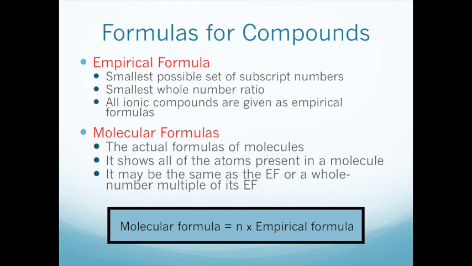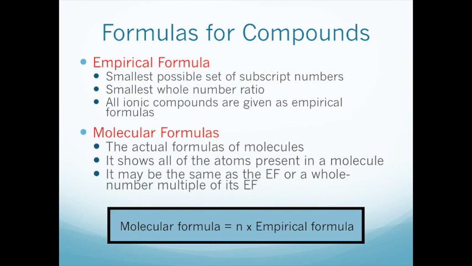To review, formulas for compounds consist of the empirical formula, which is the smallest possible whole number ratio of elements, the smallest set of subscript numbers, and this is the form in which all ionic compounds are given. So if you have a salt, in general, you'll be given the empirical formula of that salt because any size sample is going to contain repeating sections of that same empirical formula.